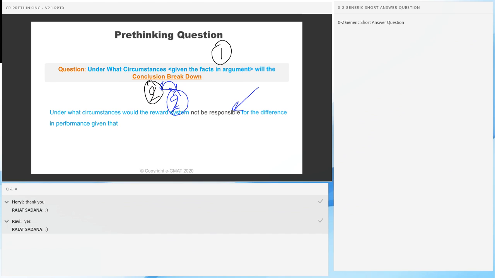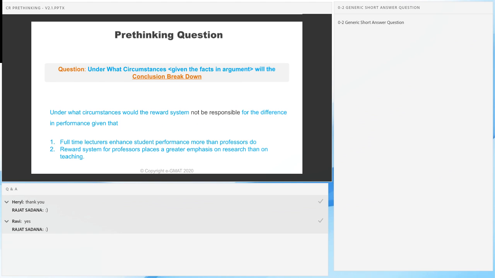Okay, so the pre-thinking question: under what circumstances, given the facts and the argument, will the conclusion break down? What are the facts in the argument? The facts in the argument are that full-time lecturers do a much better job, and the reward system for professors places 70% emphasis on research, or 60% on research and 40% on teaching.